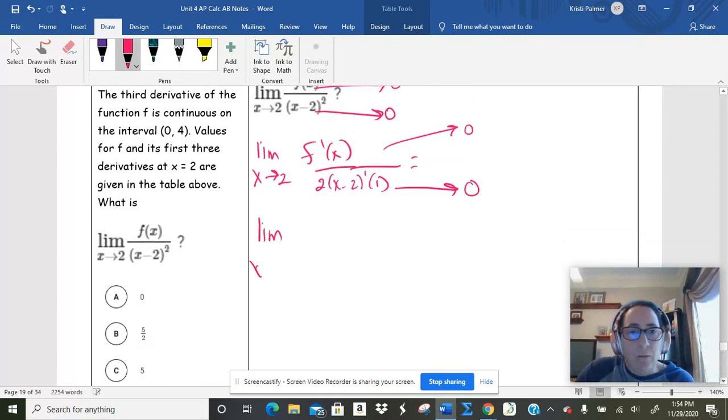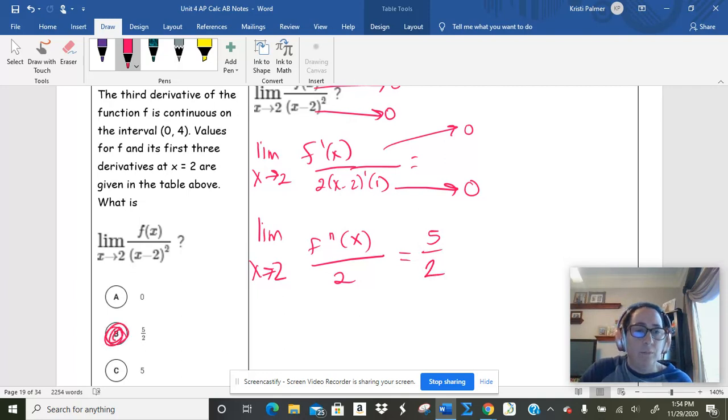So I get to apply L'Hopital again. Now, as I approach 2, f double prime is 5 n over 2. Okay, next one.